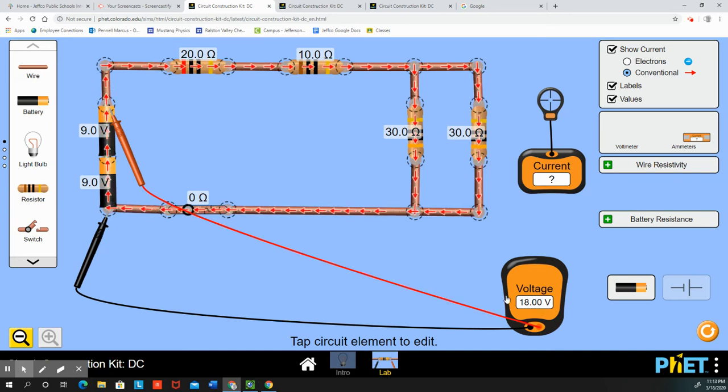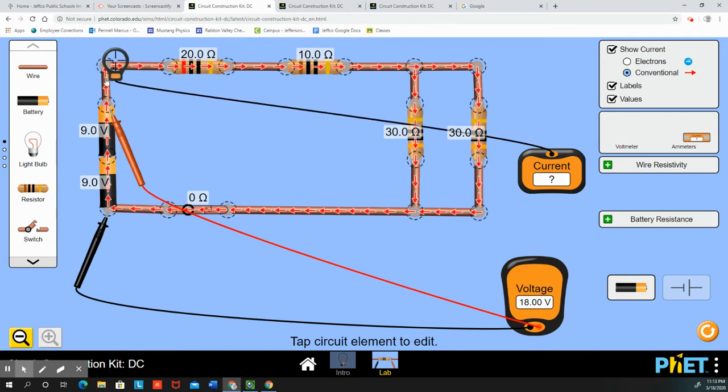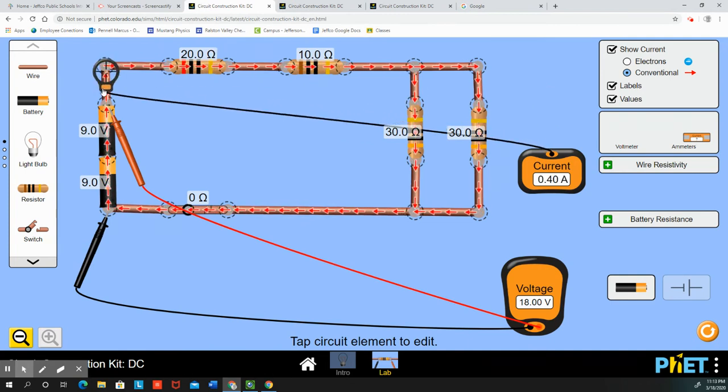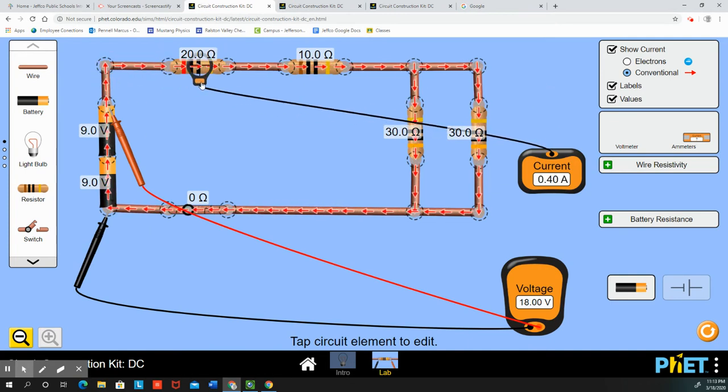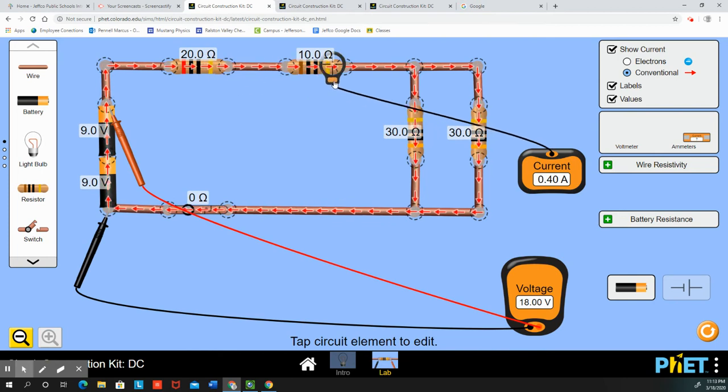And if I measure the current coming out of the battery, 0.4 amps, and that remains 0.4 amps through resistor 1, through resistor 2, and stops being 0.4 amps at that junction because some of the current would go one way and some of the current would go the other. Notice that the current through 3 and the current through 4 add up to the same as the total, so that's just the junction rule applied to that spot.